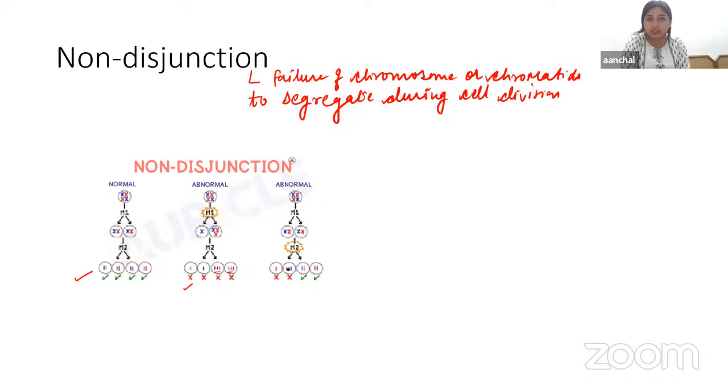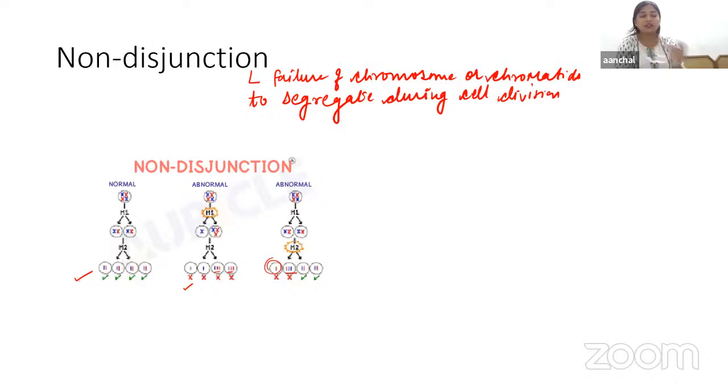Here also abnormal is forming with excess number of chromosomes, absence of chromosomes, right? So it will lead to either an increase or a decrease in the number of chromosomes.